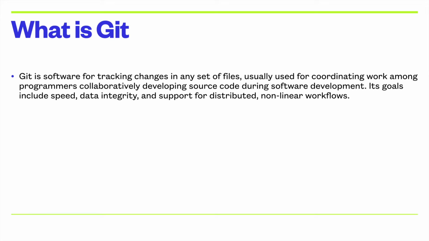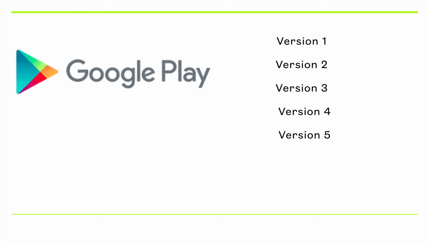Now version control, there are lots of videos on YouTube, but I'm going to explain this in great detail. A quick example, you have an app on Google Play, a video game example. There will be different versions of the particular game. Example, I have a version 1, then I found some bugs in that, then I made a version 2 and took out the bugs.